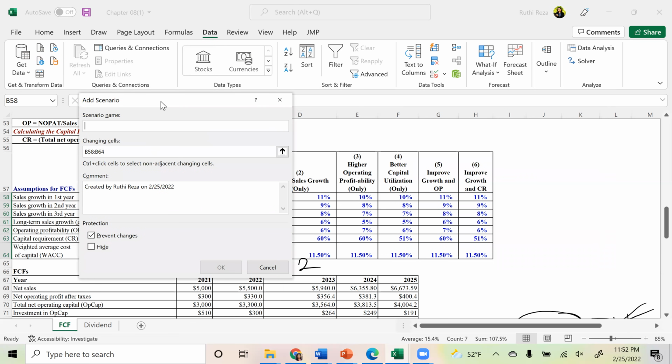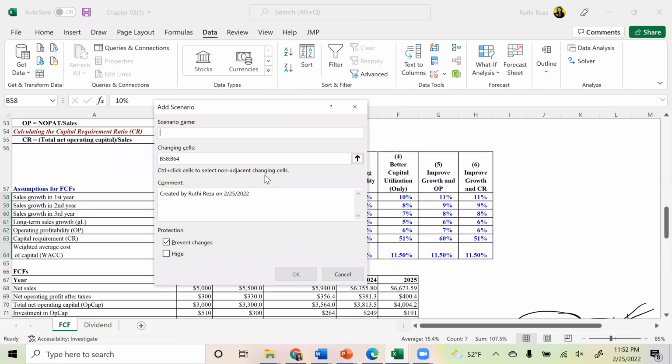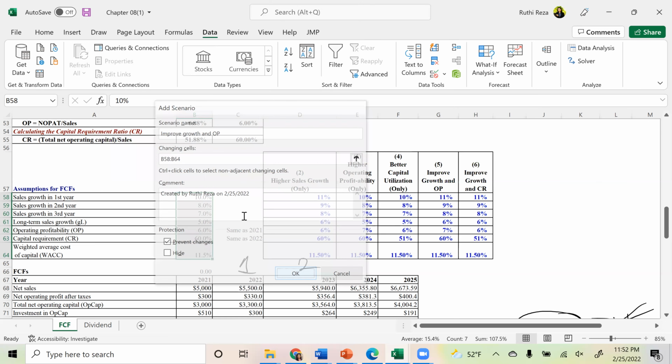Now add a new scenario: improve growth and operating profitability. Hit OK.